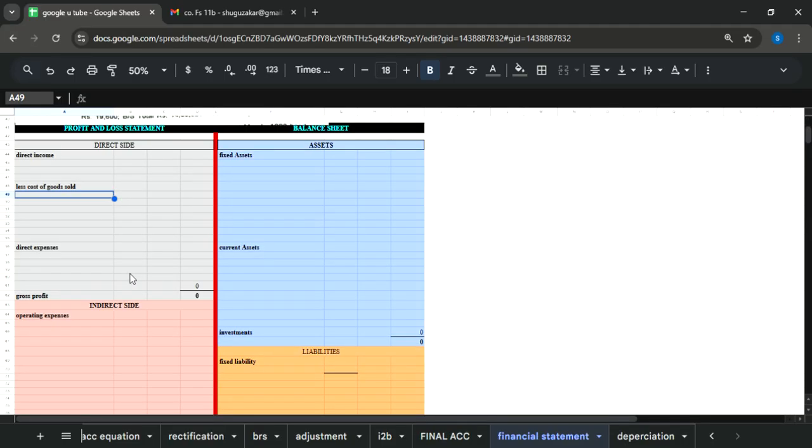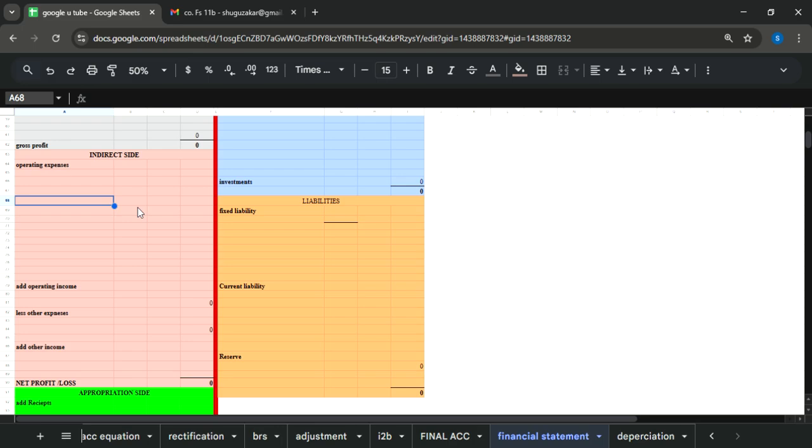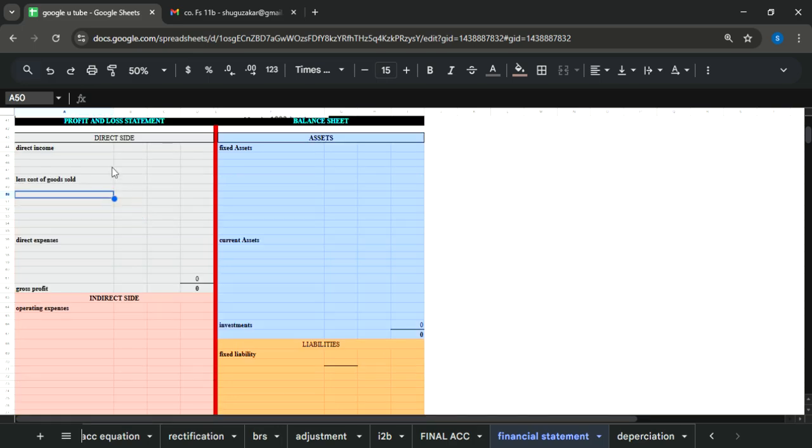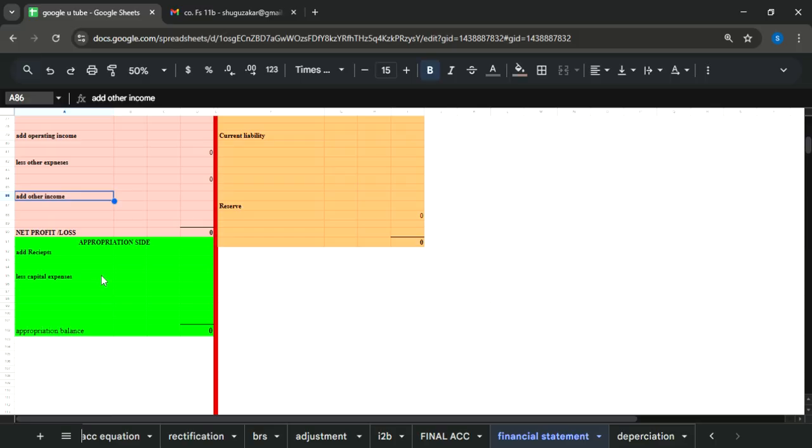Now second thing, we have our proforma, and we usually discuss it daily, that three sides are present on left. You can see first part would be for calculation of gross profit. Then we will calculate net profit at indirect side, and finally appropriation side would be used to calculate appropriation balance.